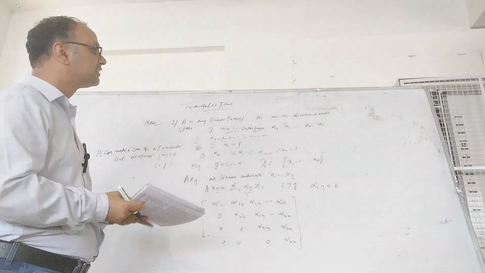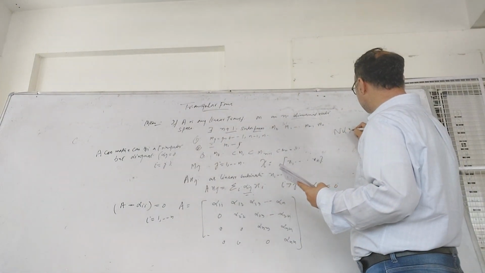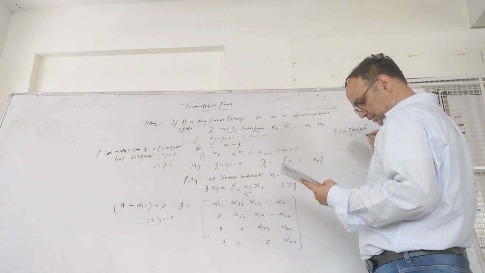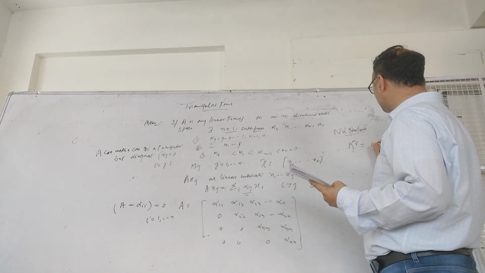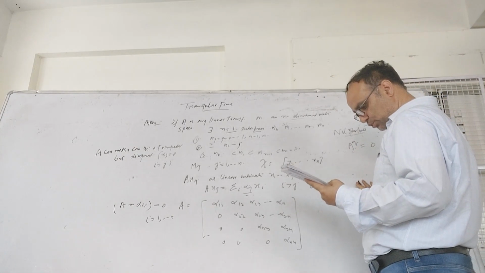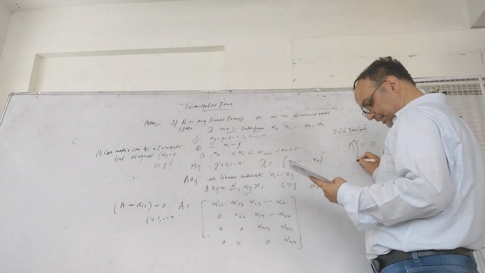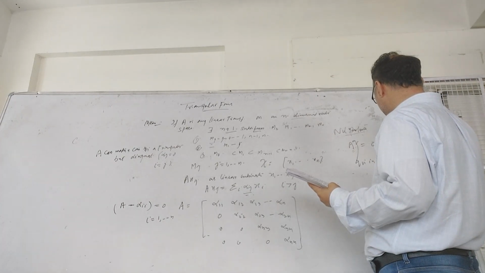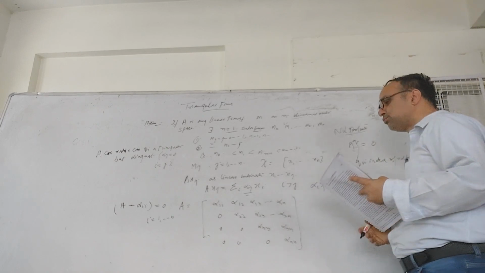The other condition is the nilpotence condition, which is also important. The nilpotence condition is that A to the power q is 0, where the integer q is the index of nilpotence. This condition is also very much helpful.